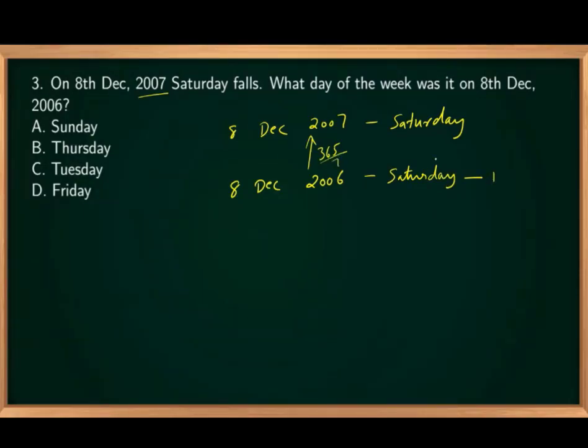Remainder of 365 divided by 7, that is minus 1. Saturday minus 1, answer will be Friday. In the previous question, the future date is asked, so we add the odd days. Here we are asked to get the past date, so we have to subtract. Is it clear? Okay, next question.